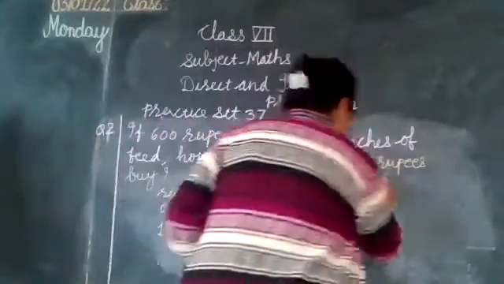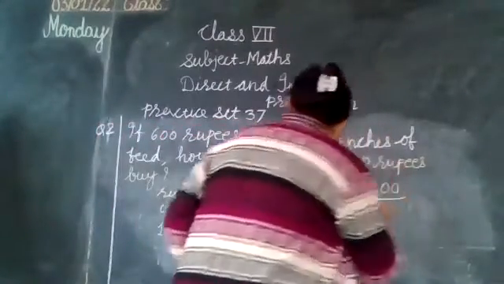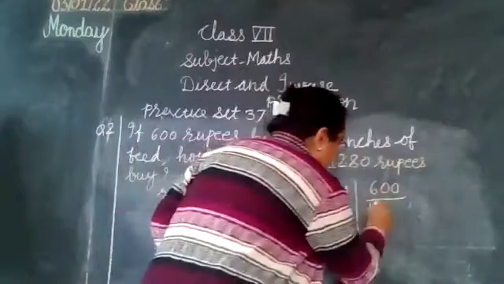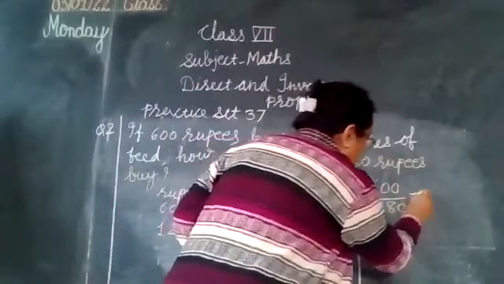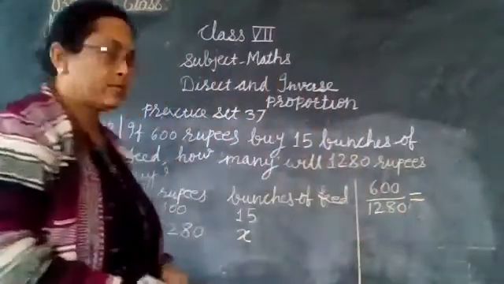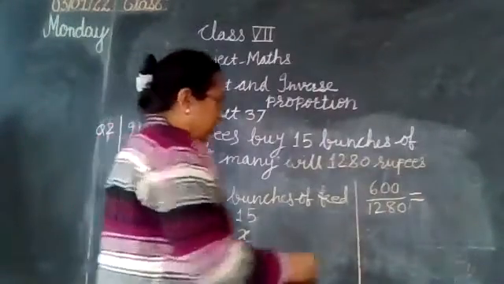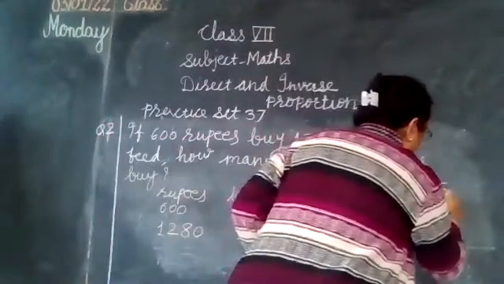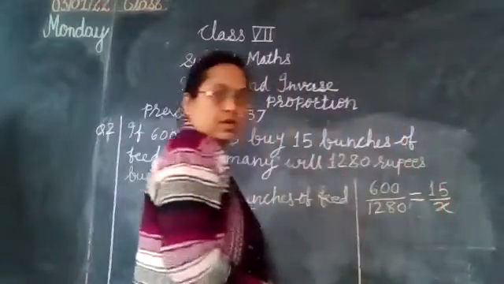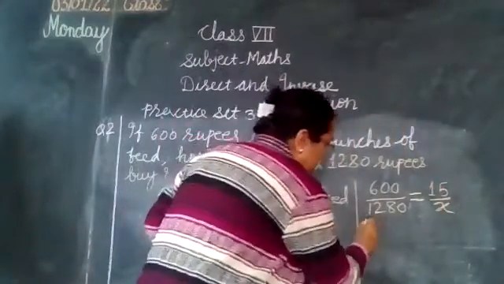Ratio 600 upon 1280. As it is direct proportion, it will be equal to the ratio of first to second, that is 15 upon X. And then again cross multiplying.